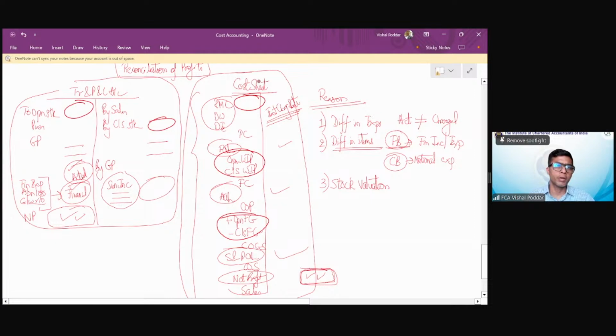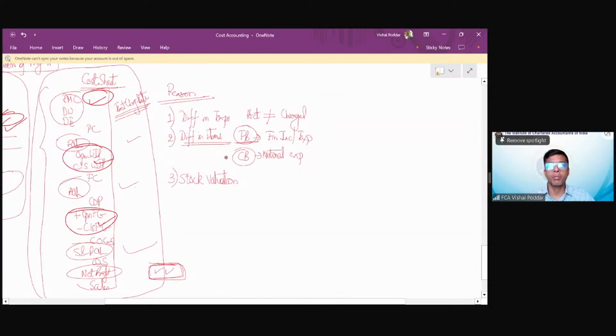Here also you'll have opening closing stock of raw material, WIP, finished goods. You'll have all three, and here also you'll have all three, but the difference would be in the valuation. So the valuation of stock in financial books will not match with the value in cost books, thereby creating difference in the net values, that is the net profit.